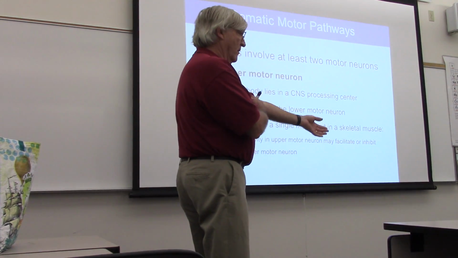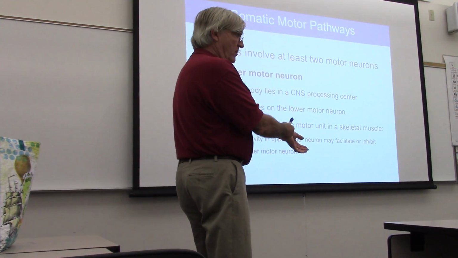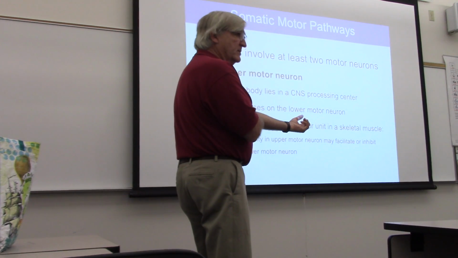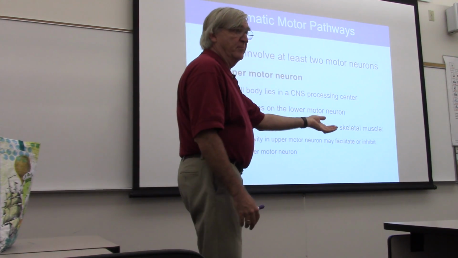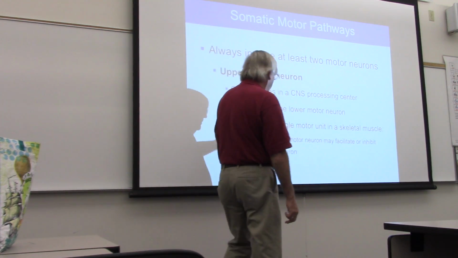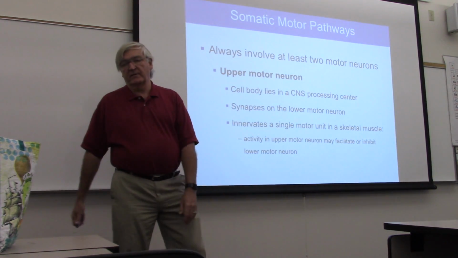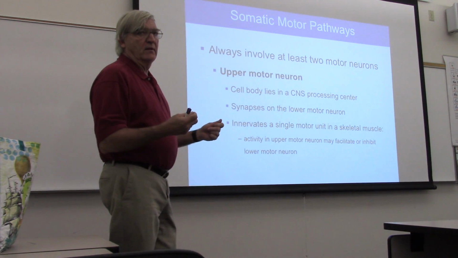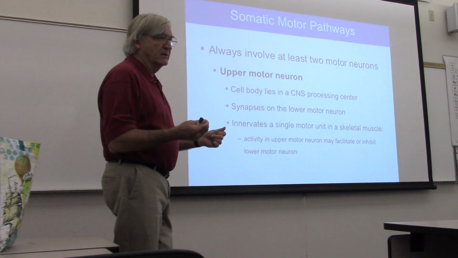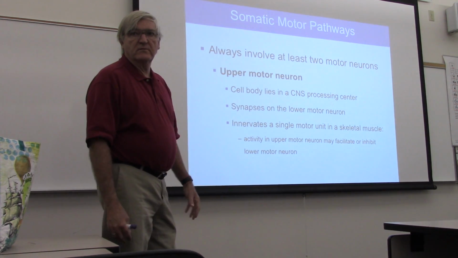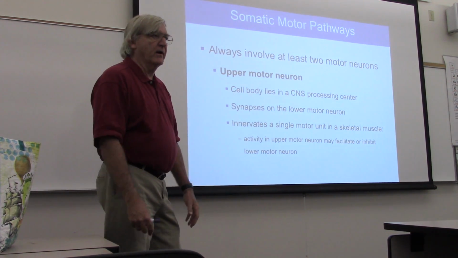So if it's the lower motor neuron that gets damaged, that's the outcome. Now that could be here too. This is the lower motor neuron heading out to the muscles down here of my grip, for example. And if this gets cut, same thing. It's paralyzed. On the other hand, the upper motor neuron is different. The upper motor neuron comes down and it can either stimulate or inhibit the lower motor neurons below that.